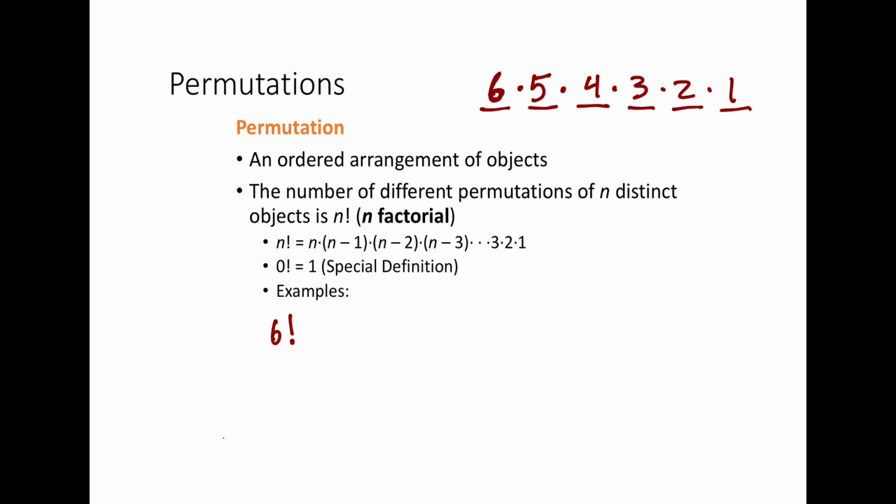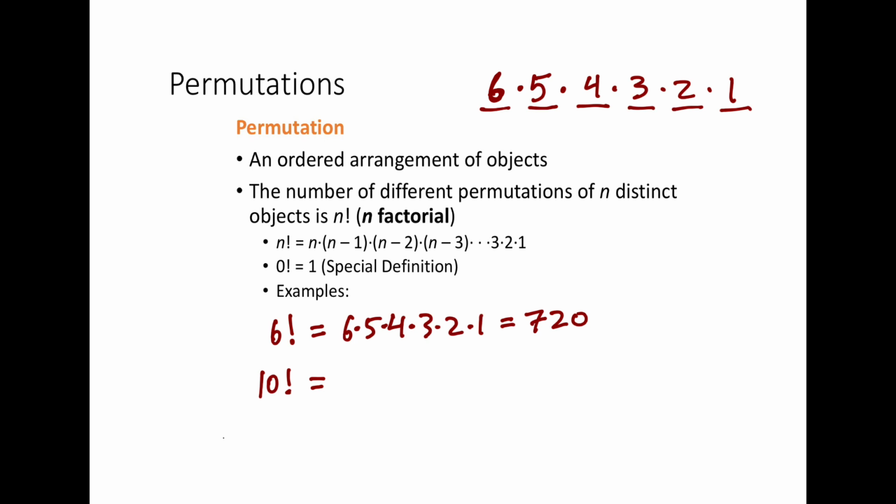Taking the factorial then, 6 factorial, 6 times 5 times 4 times 3 times 2 times 1, gives me 720. There are 720 different ways I could arrange 6 items in a unique way. And these actually get pretty big pretty fast.